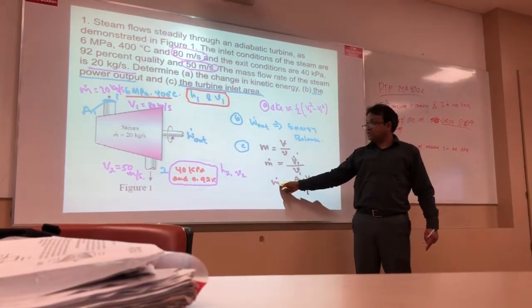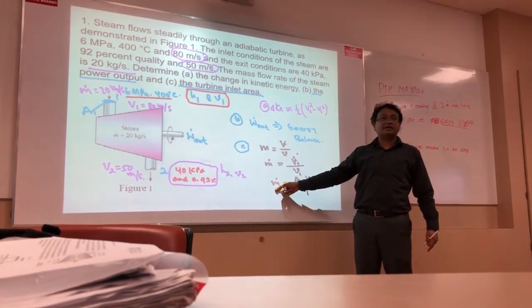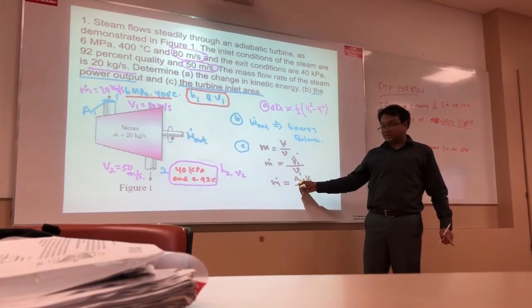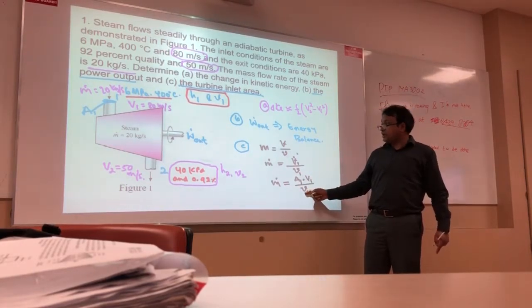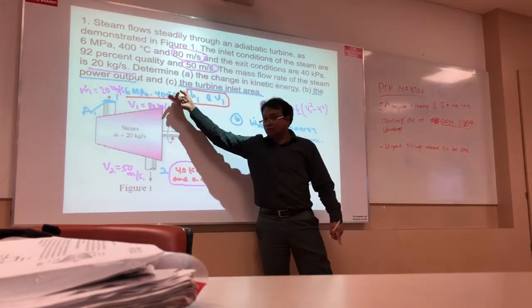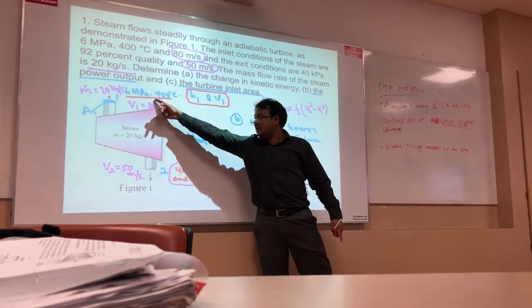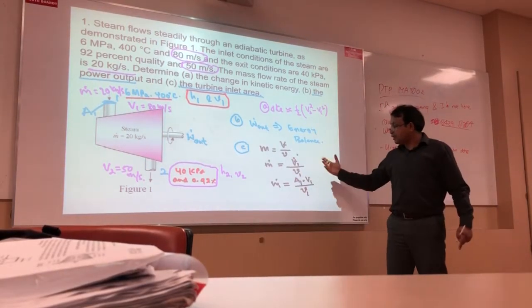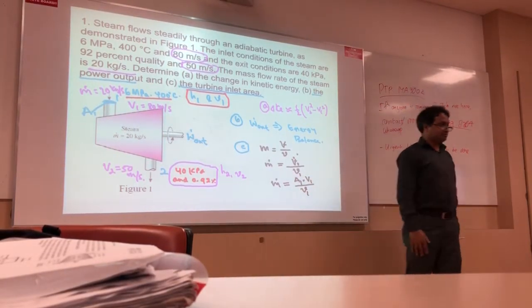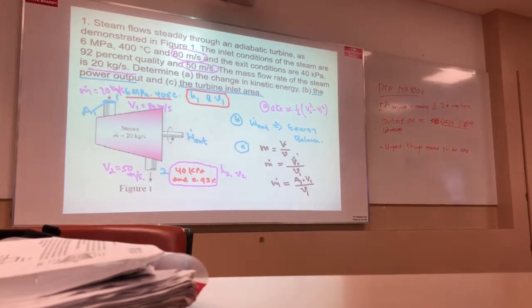So this value is 20 kilogram per second. This value I have to find. Velocity is 80 meter per second. Small v1 I get from the steam table with respect to 6 megapascal and 400 degrees Celsius. We substitute all the values, then I can calculate A1. Done. Okay?